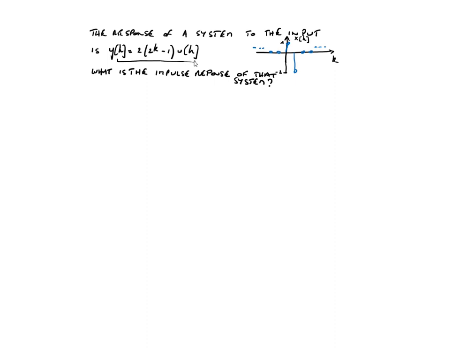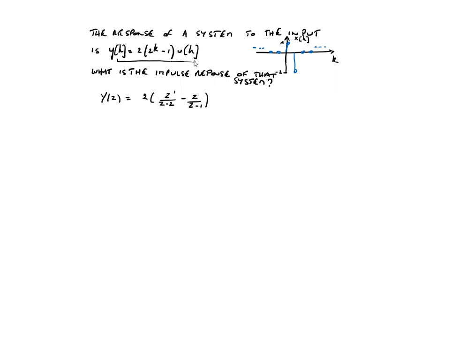So we will proceed by computing first of all y of z, right? And this is 2 times z over z minus 2 minus z over z minus 1.